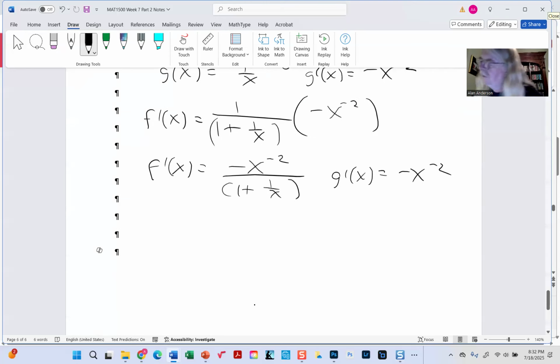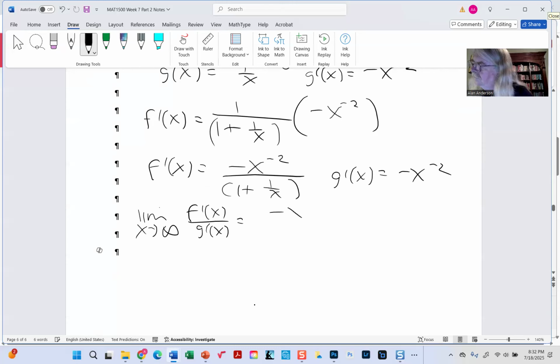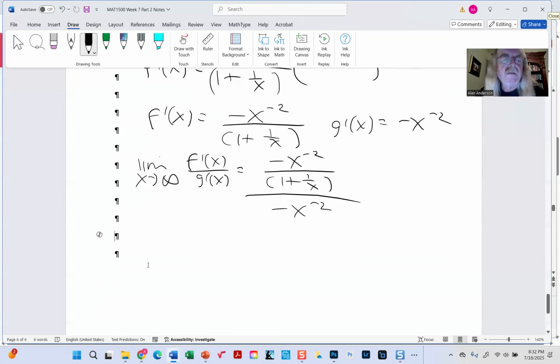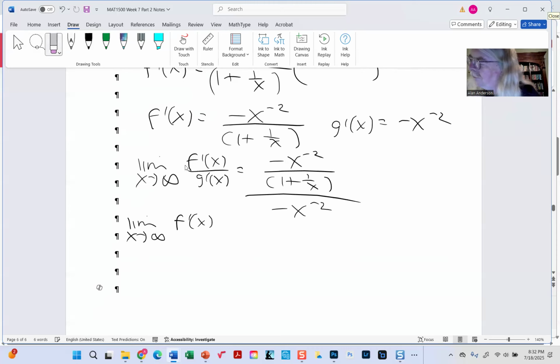So the ratio of those two, let's see if we can simplify that. Oh, actually, we don't need this part anymore.